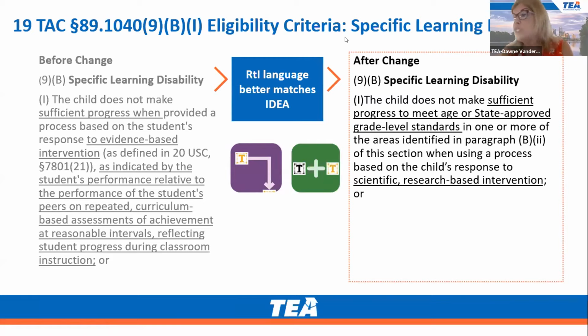There is also elimination of some text that results in this section really mirroring IDEA language. Although there are changes here, they will likely have little impact on practice because the central idea of using a process based on the child's response to research-based intervention remains.